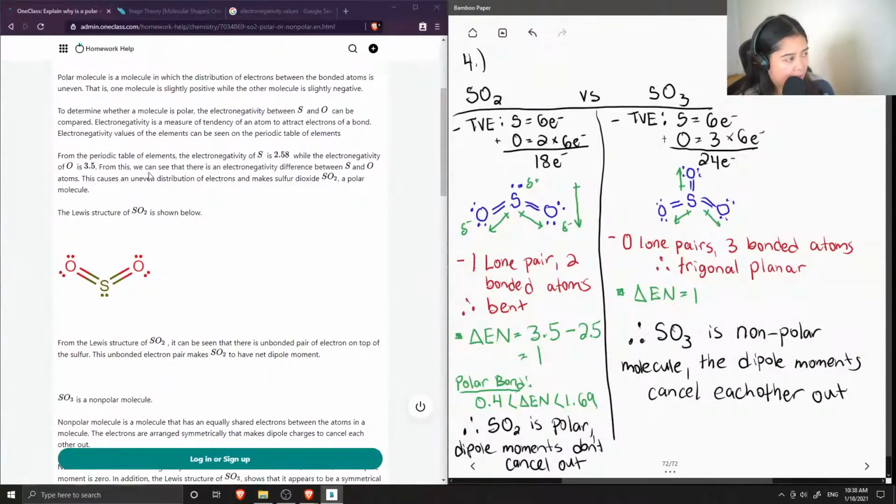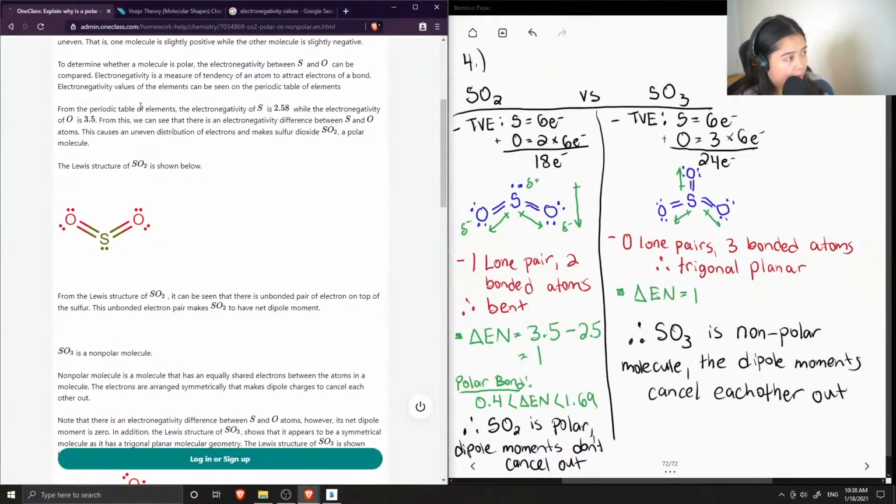And from the periodic table, the electronegativity of sulfur is 2.58, while for oxygen, it's 3.5. So from this, we can see that there's an electronegativity difference between the sulfur and oxygen atoms that's greater than 0.4.